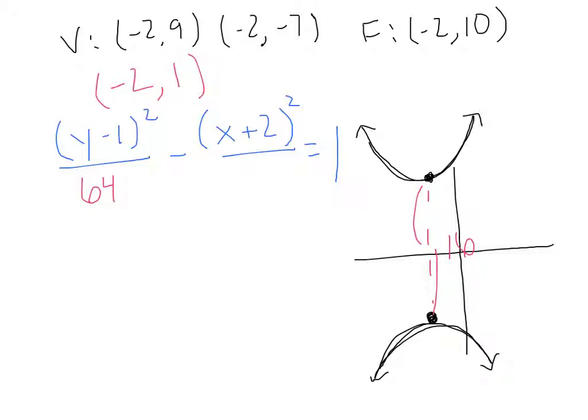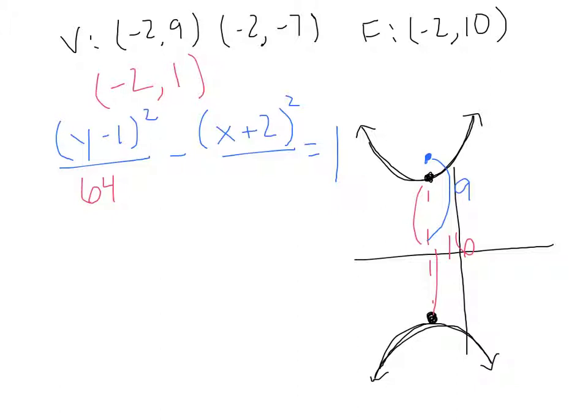So now let's look at what else we were given. We know that a focus is at negative 2, 10. So it's just up here. Well, that lets me know c, because I can figure out how far that focus is from the center at negative 2, 1. In this case, that's going to be 9.